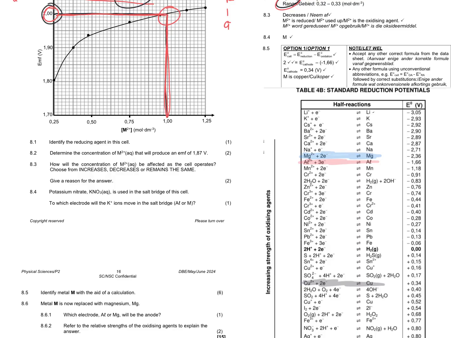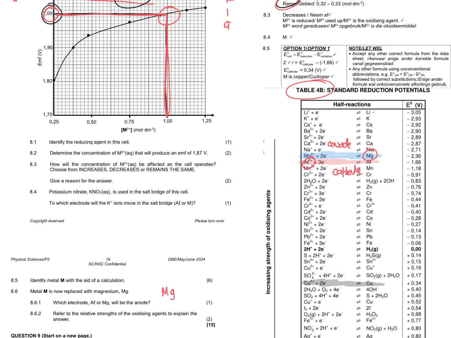And that means top right, bottom left. Now everything has changed. Aluminium is now the cathode, and magnesium is the anode. If you are using table 4b, the anode is always on top. So if you replace it with magnesium, Mg will now be the anode, and they want you to refer to the relative strengths of oxidizing agents.